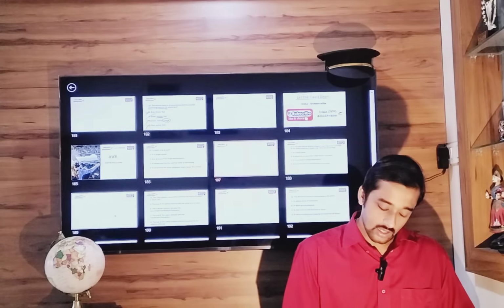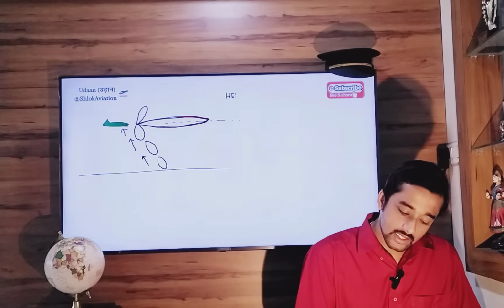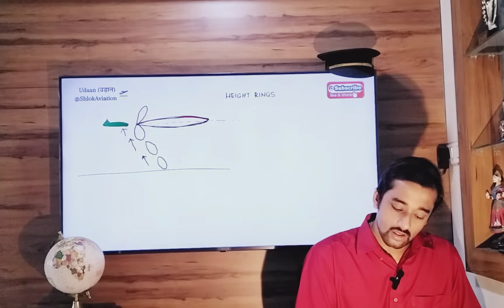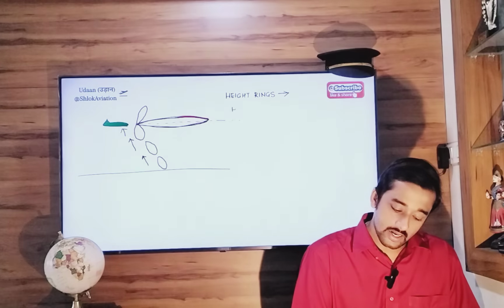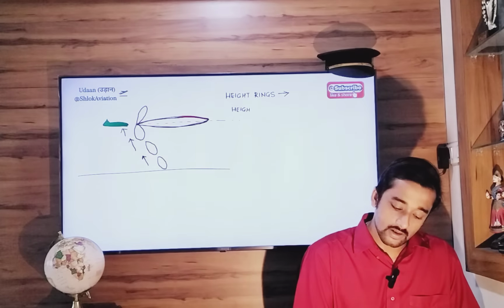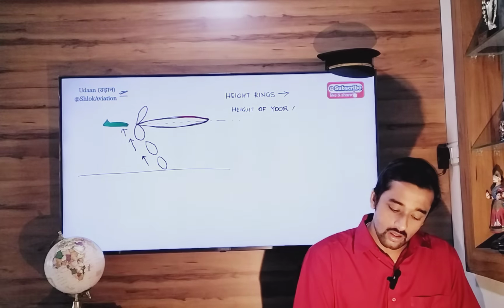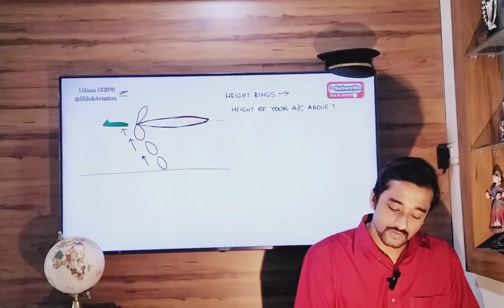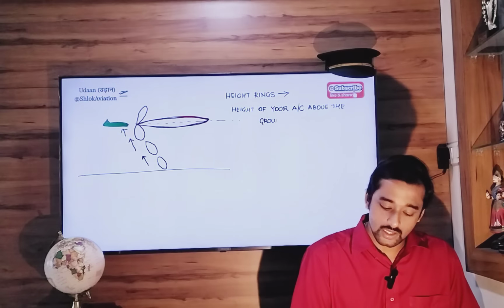height rings on the display. These height rings indicate the height of your aircraft above the ground surface.